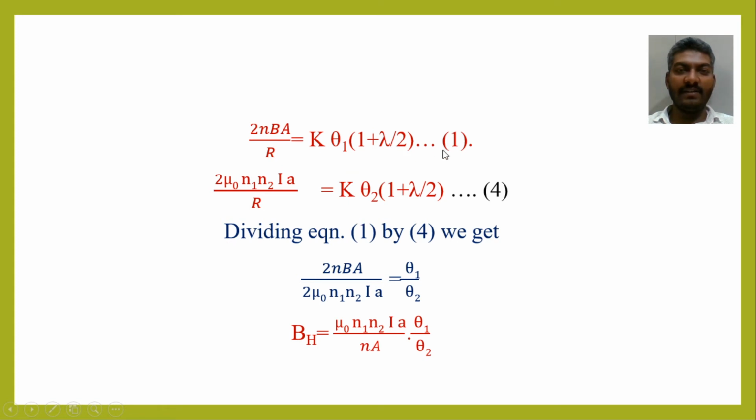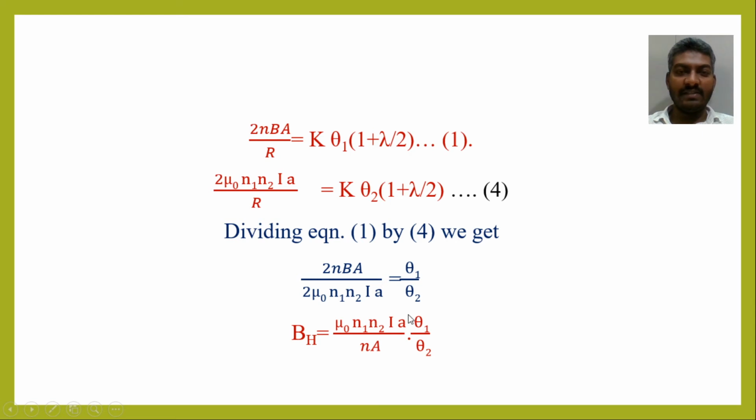Now let us divide equation 1 by equation 4. So we are going to get 2 NBA divided by 2 mu naught N1 N2 IA, which is equal to theta 1 divided by theta 2. Here this K is eliminated, and also the term logarithmic decrement will be eliminated.